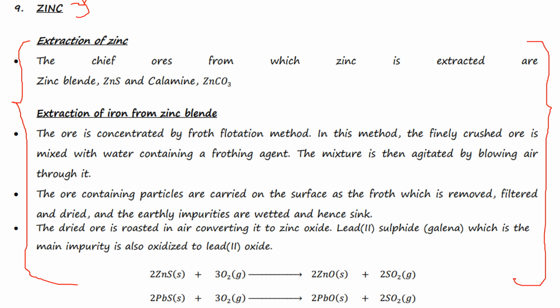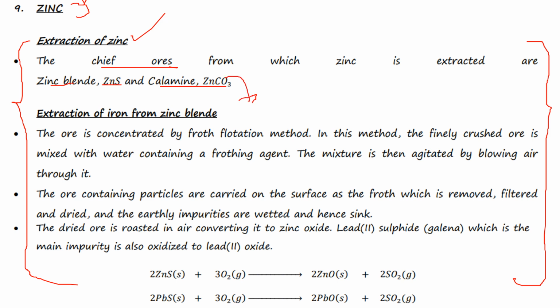So we are going to look at the extraction of zinc. Just like copper, zinc has its chief ore from which you extract it mainly on an industrial process, and that is going to be our zinc blende. So it's mainly zinc blende, which can be denoted as zinc sulfide, or some other people use calamine, and calamine is known as zinc carbonate.